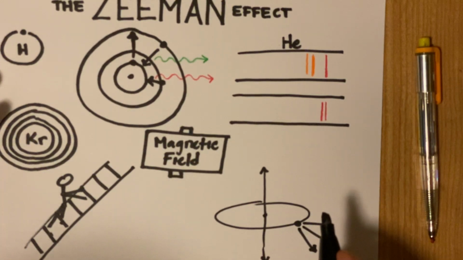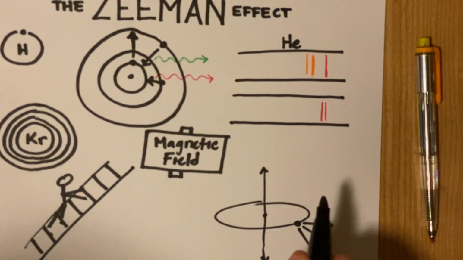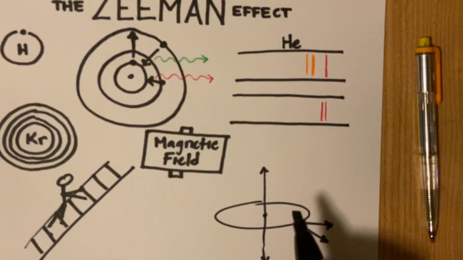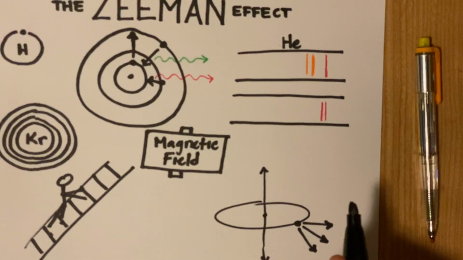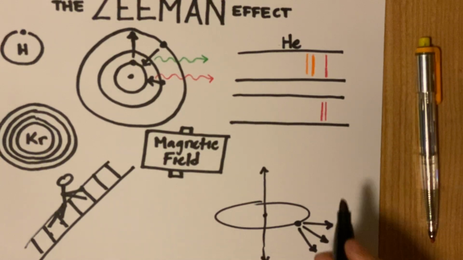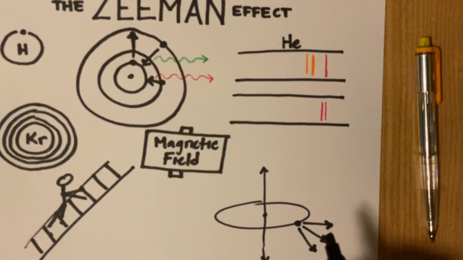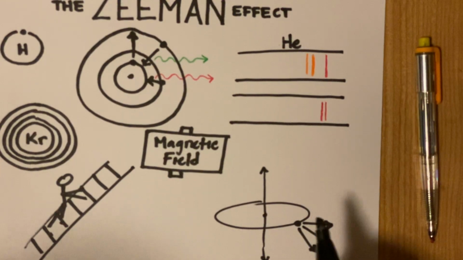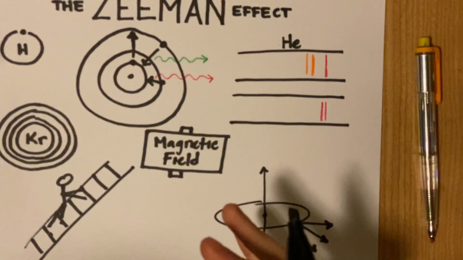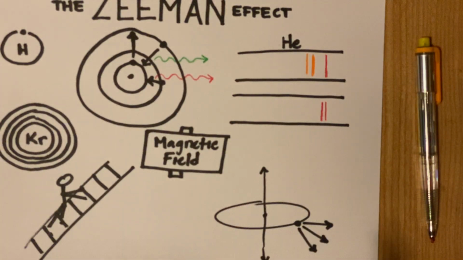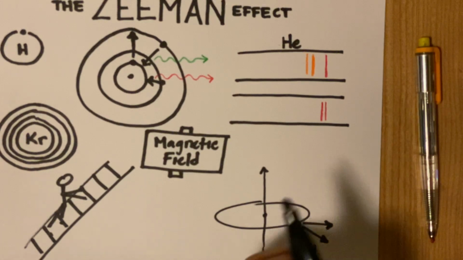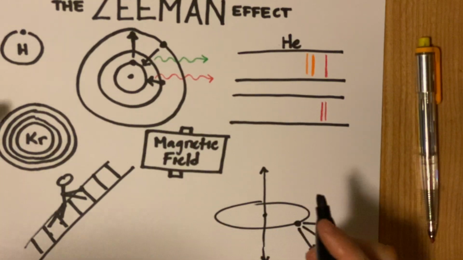And this was a crazy phenomenon when it was discovered, and it's still pretty crazy today. And we haven't come up with an exact formula to predict the splitting, how much splitting or how many splittings. We haven't been able to come up with a number or an equation, like I said, to predict the splitting.